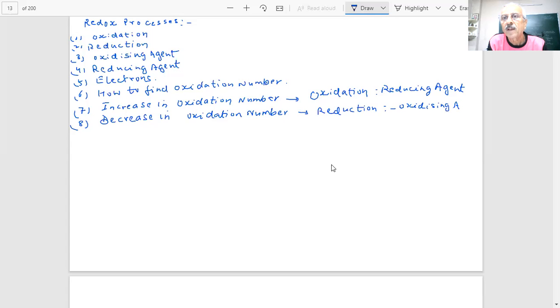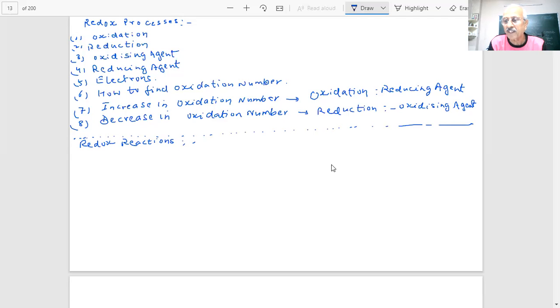All right, student. So now what we will do? We are coming to the most important part of this redox reaction. What are redox reactions, students? Redox reactions are reactions where both oxidation and reduction occur.